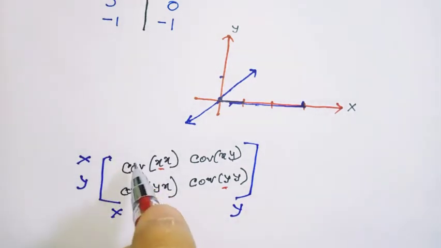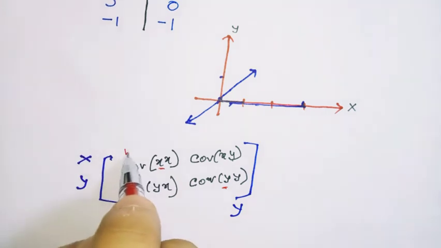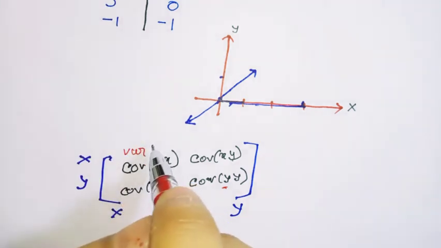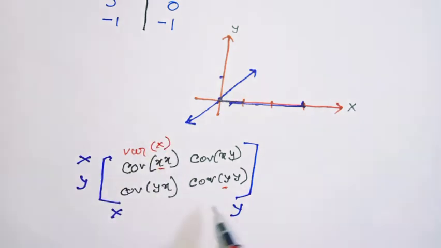So I can call this one the variance of x, and this one the variance of y, right? So covariance between the values itself is the variance.